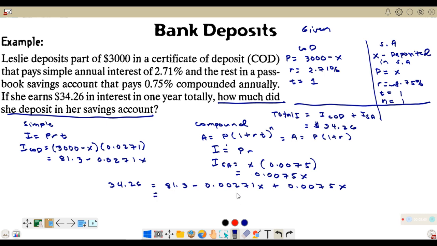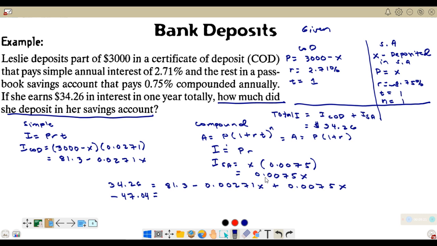We have, lipat na natin si 81.3 on the other side. So, 34.26 minus 81.3. That is negative 47.04.